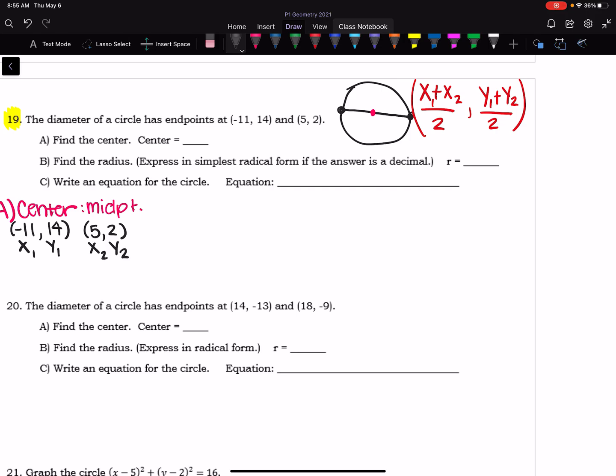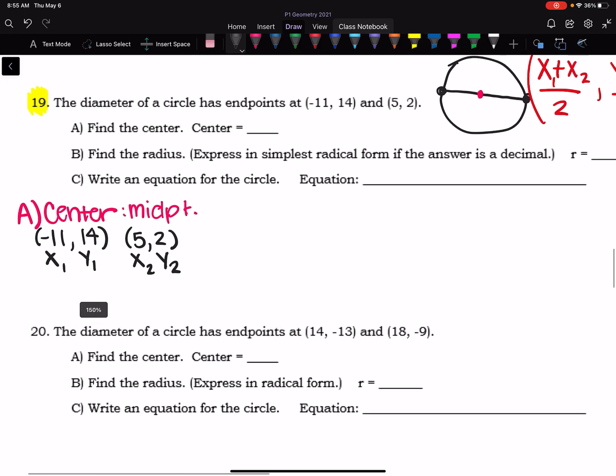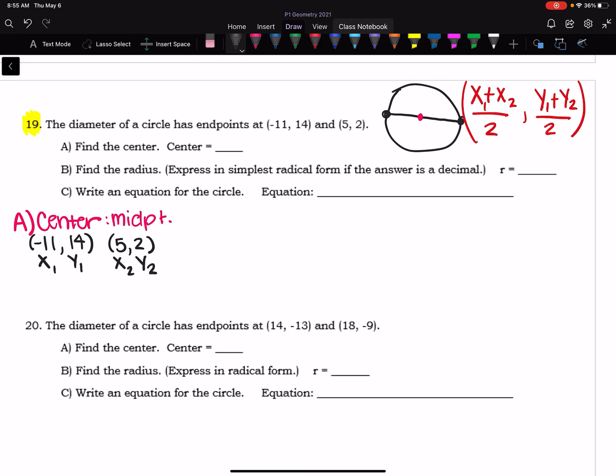So we need to add up our x's and our y's. So my x1 and x2 values are -11 and 5. We'll divide by 2. And then y1 plus y2 is 14 plus 2, divided by 2.